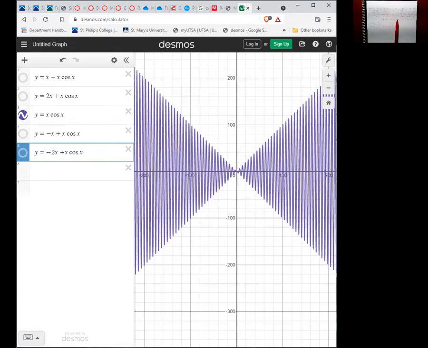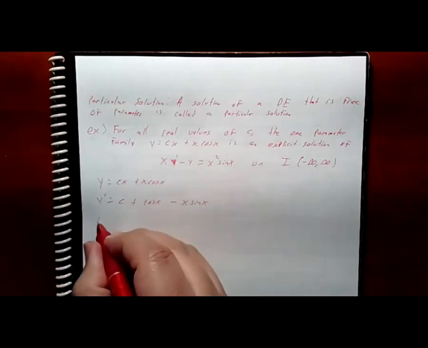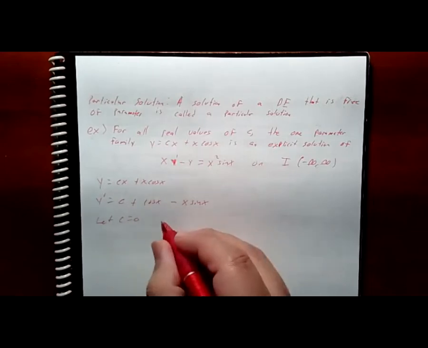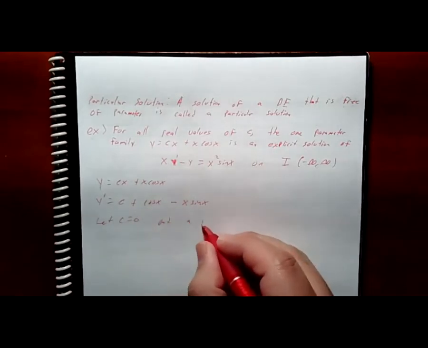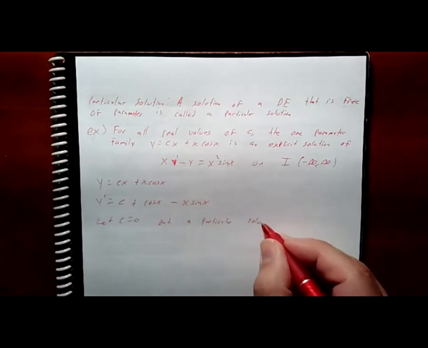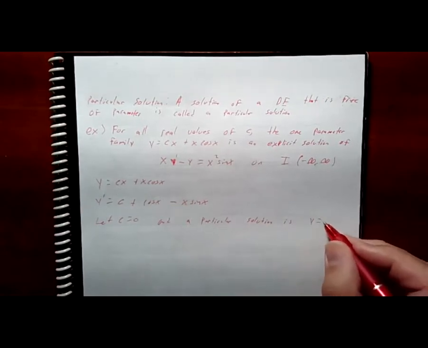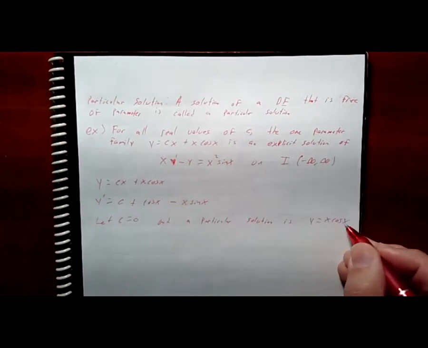There's some condition that dictates C. Even though there's an infinite number of solutions, let C equal 0 and a particular solution is y equal to x cosine x.